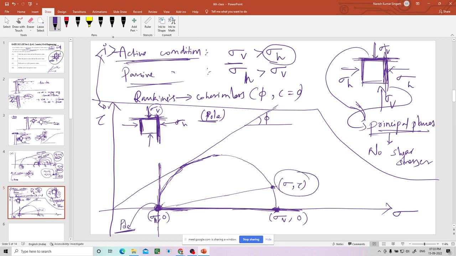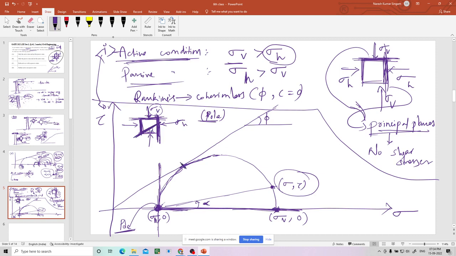Where are these 2 points acting in this element? You draw a line between the pole and this point. Let us say this is some angle alpha. This alpha you calculate, you draw one line at alpha, and this is the plane in this sample. That is how the pole is used.